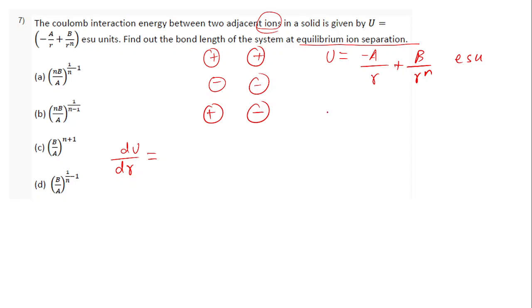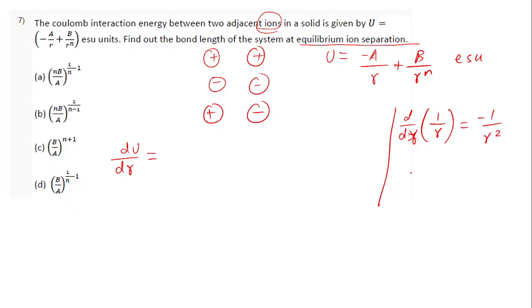First we take the derivative. I hope you guys remember how differentiation is done. Just to recall, the derivative of 1 by r with respect to r will be minus 1 by r square.